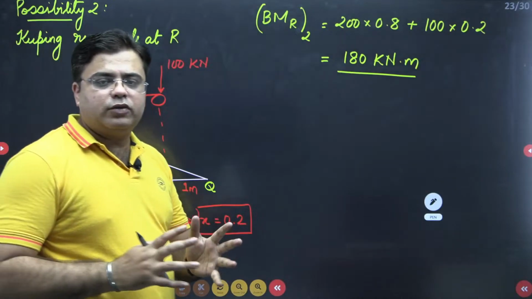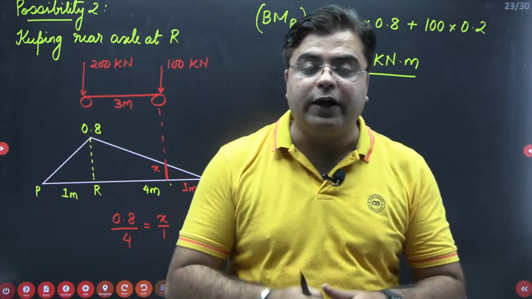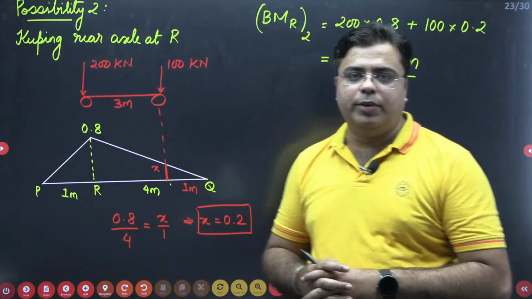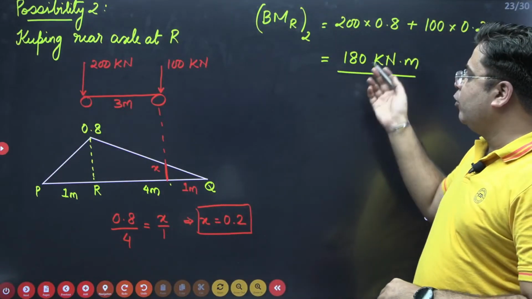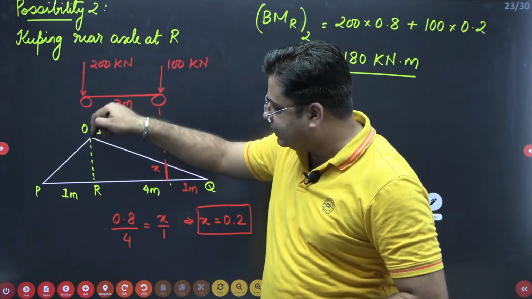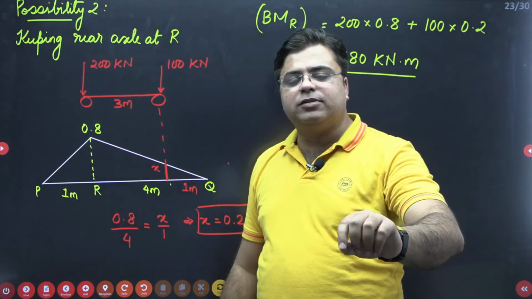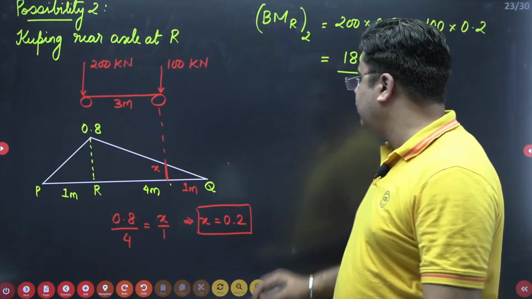So in both of the possibilities, you can clearly identify where you will get the maximum bending moment. You are getting the maximum bending moment when your rear axle is placed at R. And the value of maximum bending moment is 180 kilonewton meter.